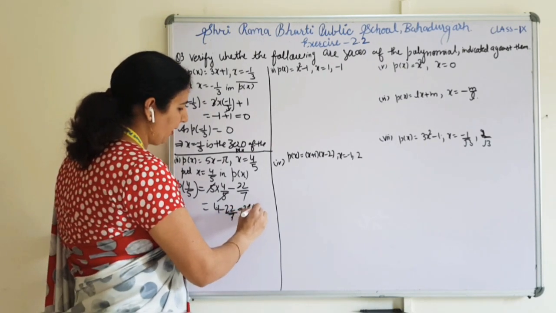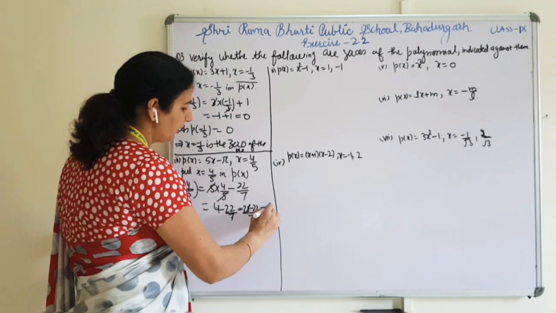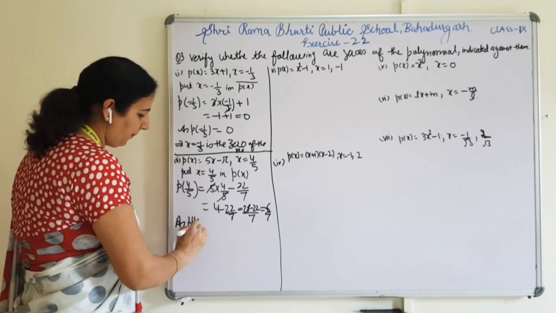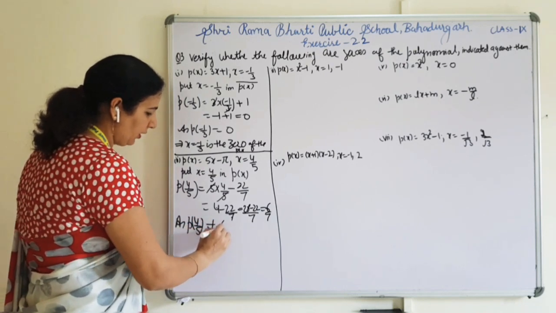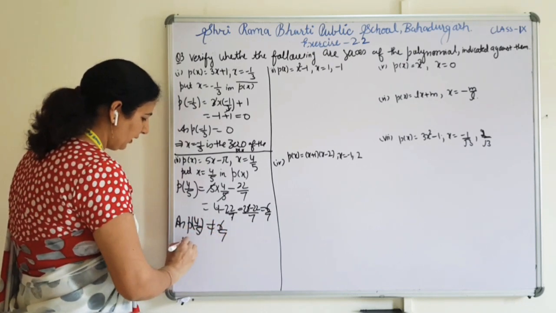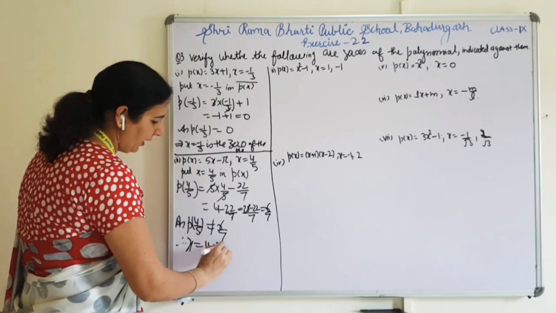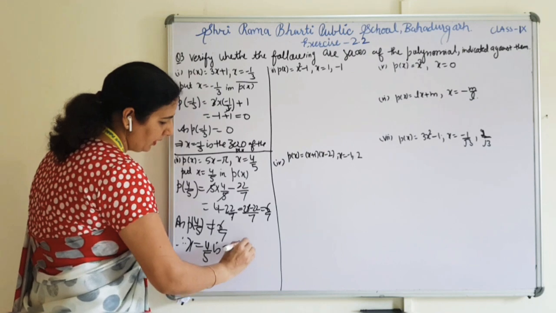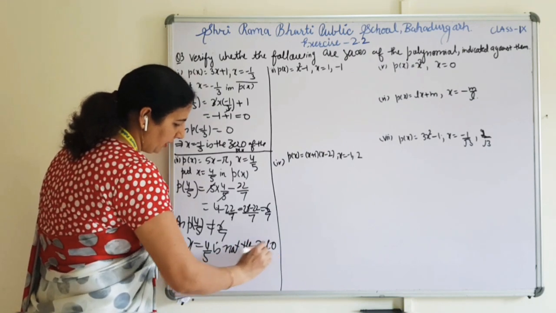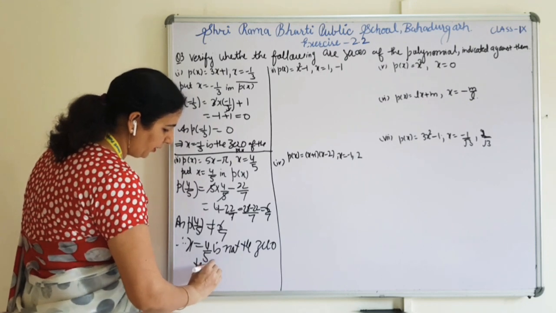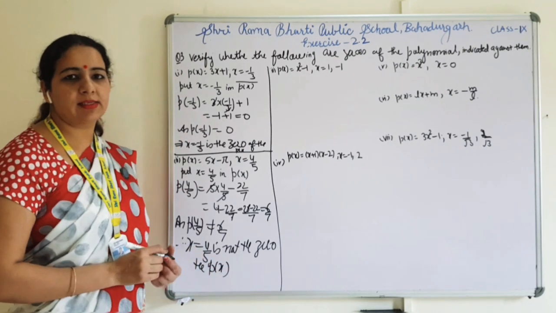So 28 minus 22 upon 7, 6 upon 7. As p(4/5) is not equal to 0, therefore x is equal to 4 upon 5 is not the zero of the polynomial p(x).